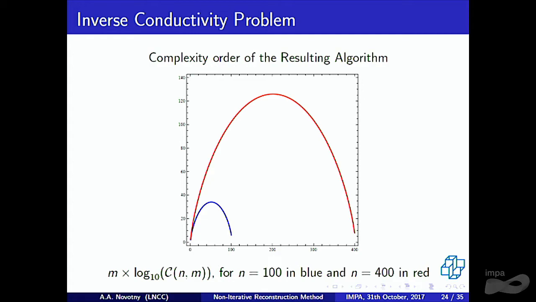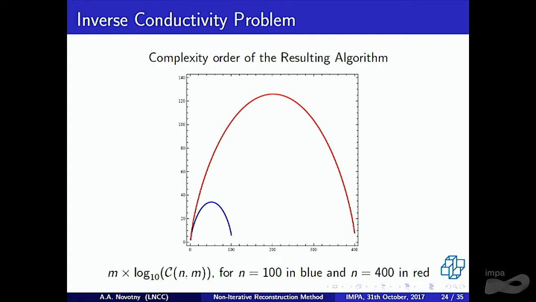If we have a very small m, the complexity is more or less under control. And then in the other extreme, if m is of the same order of n, then the complexity again is under control.